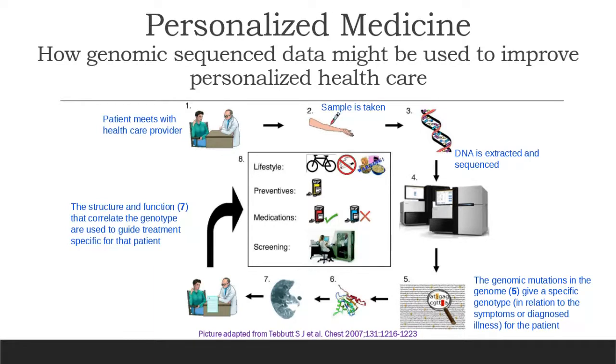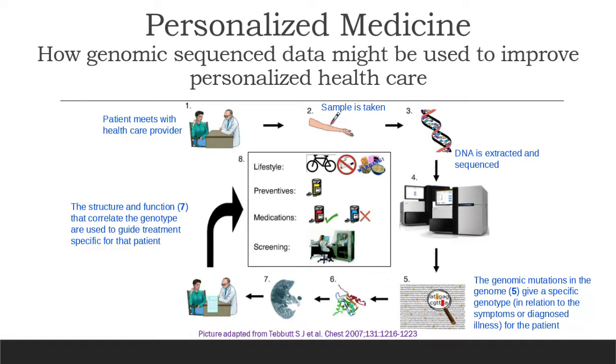Then the genomic mutations in the genome give a specific genotype in relation to the symptoms or diagnosed illness for the patient. That's steps 5 and 6. And then step 7, the structure and function that correlate to the genotype are used to guide treatment specific for that patient.